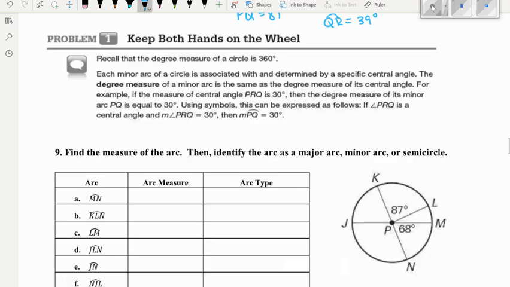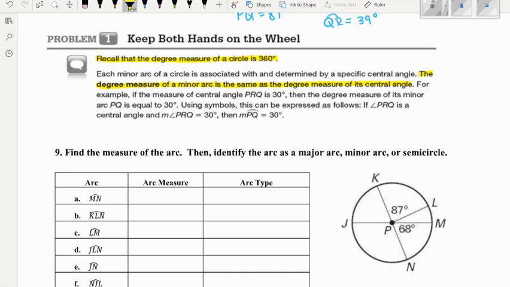All right, so the next part says recall that the degree measure of a circle is 360 degrees. Each minor arc of a circle is associated with and determined by a specific central angle. The degree measure of a minor arc is the same as the degree measure of its central angle.